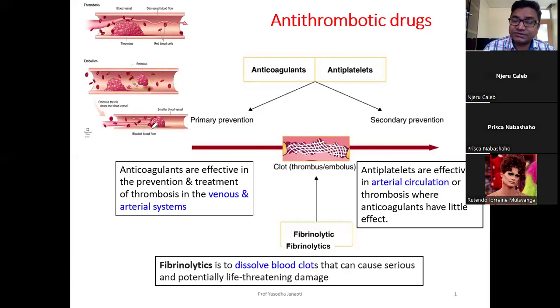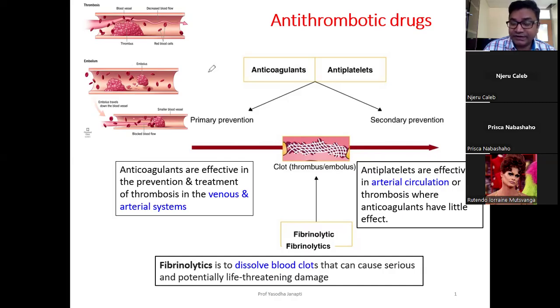If it goes to the smaller blood vessels, then in this diagram you see the blood can flow past the thrombus. If it dislocates and comes to the fine capillaries, for example, the coronary artery.